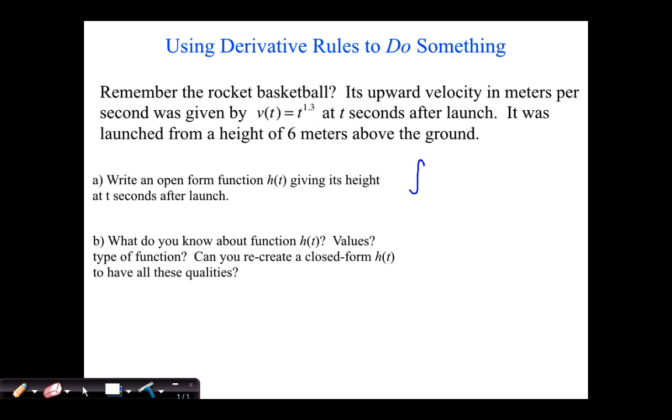So what's the starting time? 0, right. H of t, we want to measure the height at t seconds after launch. So t equals 0 is the beginning of this. So h of t would be 0 through something. If it's supposed to be h of t, I need 0 through t.